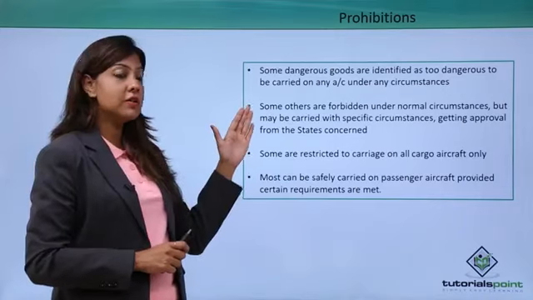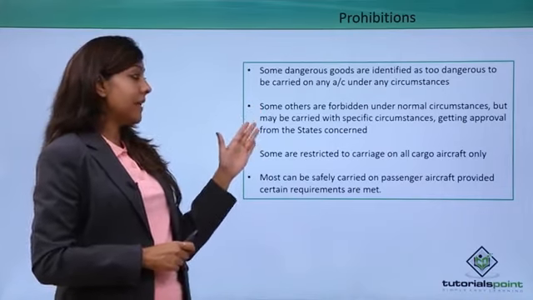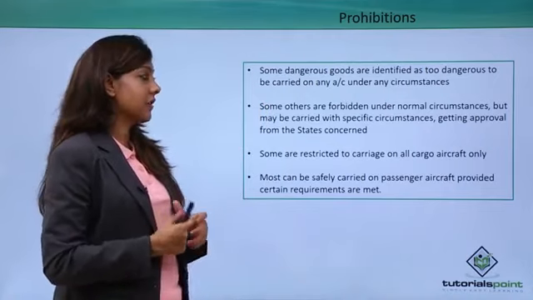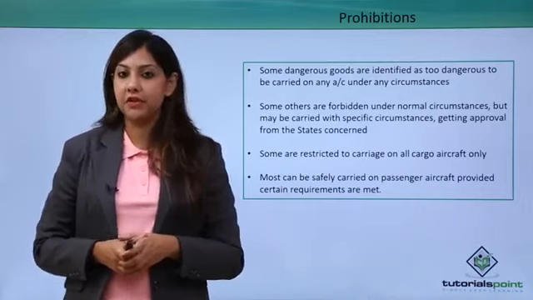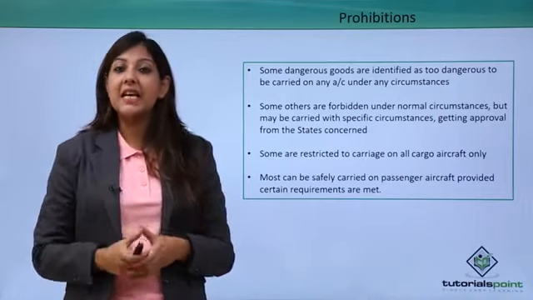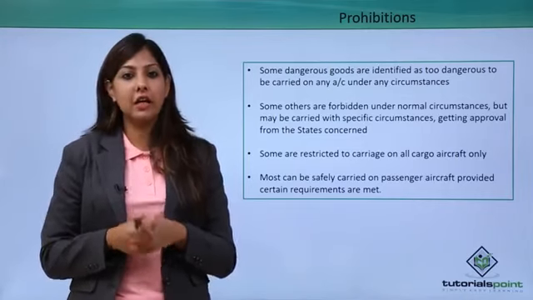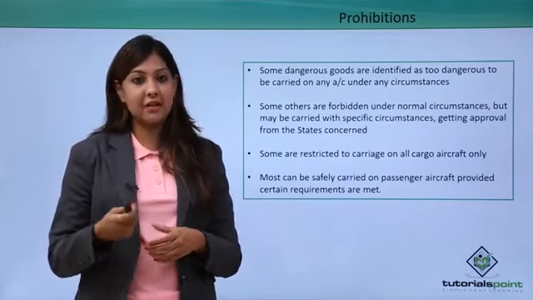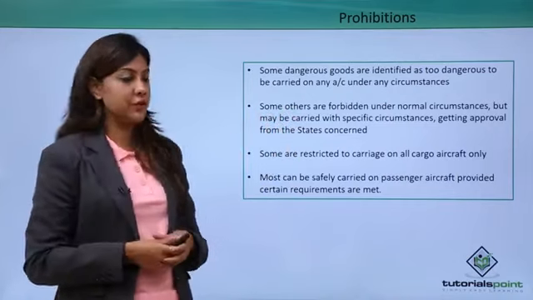Whereas there are some others which are forbidden under normal circumstances, but they may be carried under special circumstances, getting approval from the state where it has to be uplifted. So for example, if a dangerous good needs to be carried from Mumbai to Delhi, the government of the state of Mumbai has to give an allowance, in a written declaration, that they are allowing them to carry this particular dangerous good.